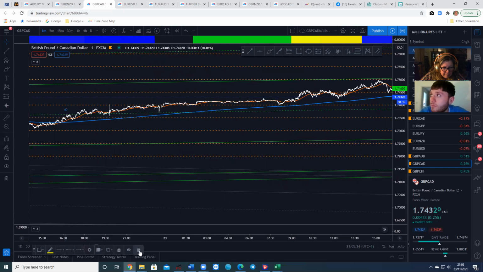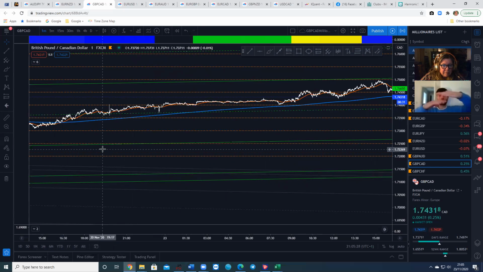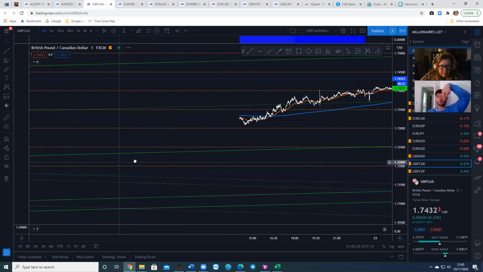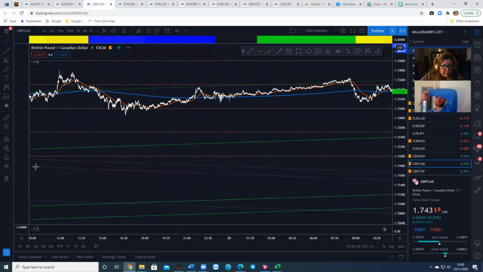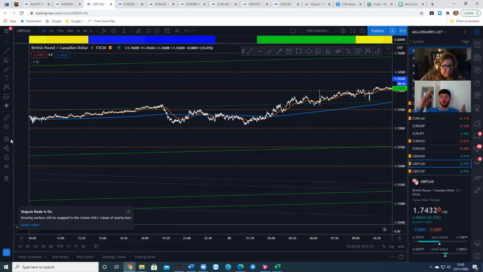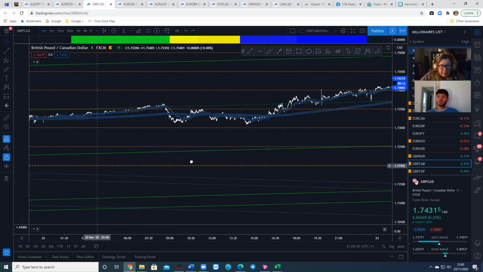I understand them, but my problem is, say you've got a pitchfork and a quarter theory, and price is just literally bouncing in between them. Yeah. Or slightly breaking them by 2 or 3 pips, but then it keeps bouncing in between, slightly breaking them, and then it goes for a break, retest, and then break, retest again.